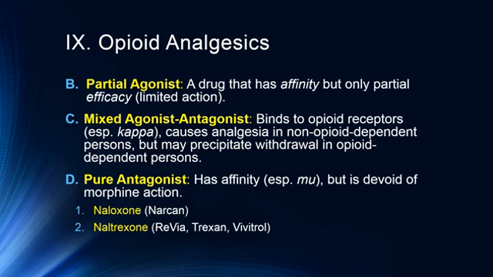Naloxone or Narcan is a very important drug because this can immediately reverse the effects of an overdose of any of the opioid drugs, because what it does is it blocks the mu receptor but causes no action at that receptor.